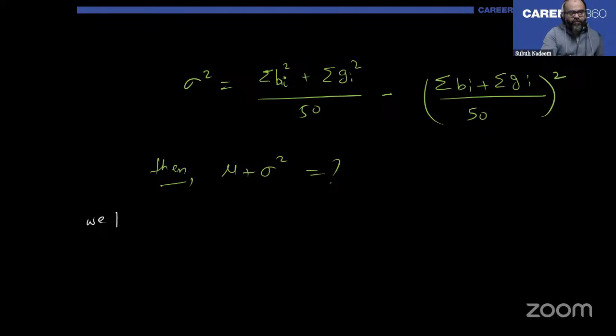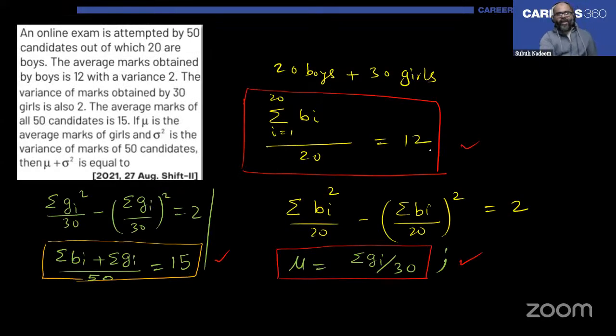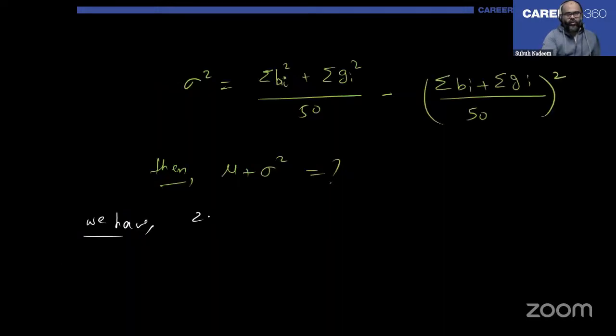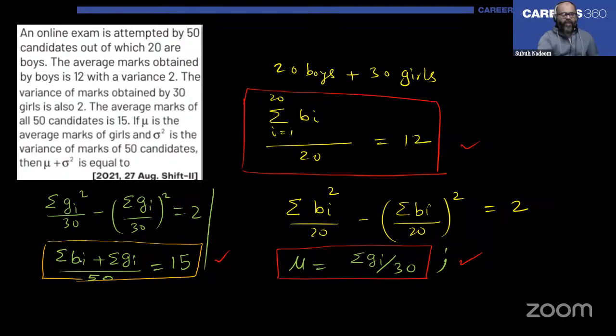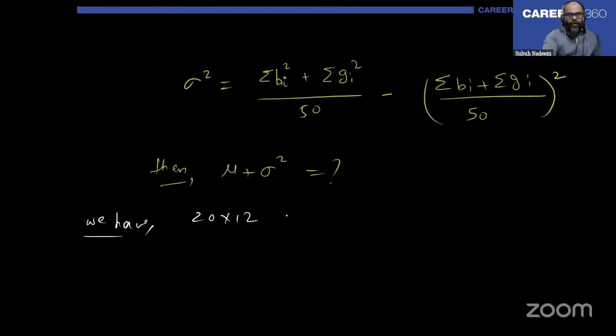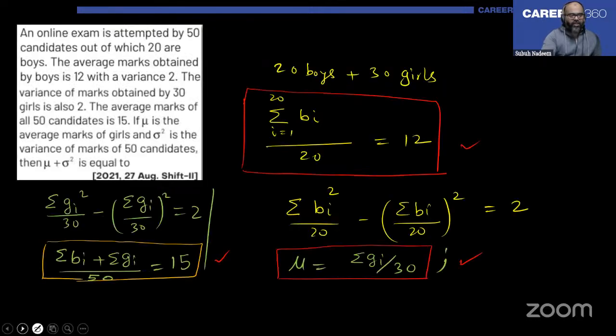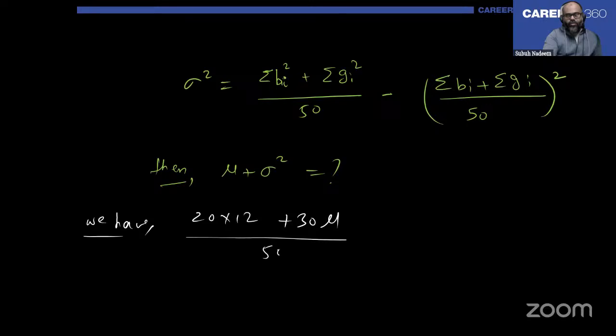What is sigma of Bi? It is 20 into 12. Sigma of Gi is 30 into mu. So 20 into 12 plus 30 mu, by 50, is equal to 15.